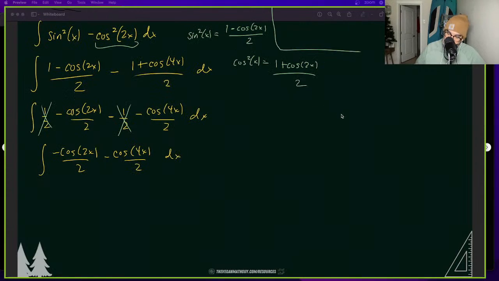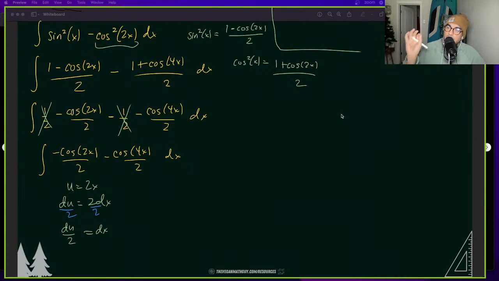Okay, here we go. So we're using U substitution. U is equal to 2x. du is equal to 2 dx. And let's divide the 2 to the other side. I like dividing the 2 just because I'm able to isolate my dx. So my du over 2 is equal to dx.